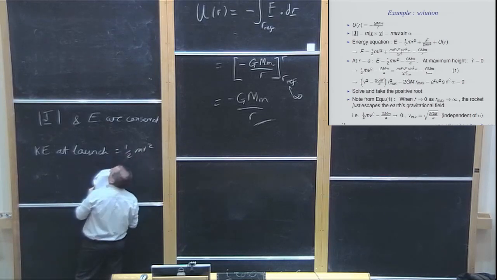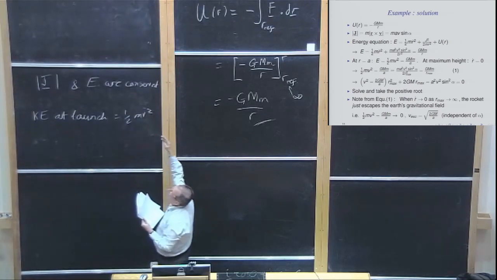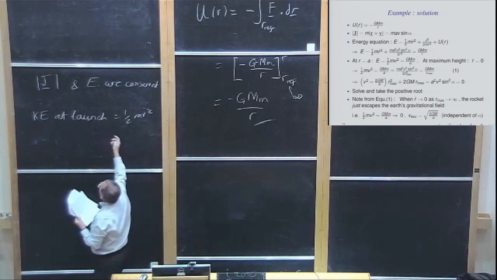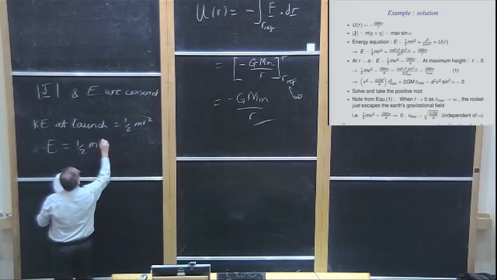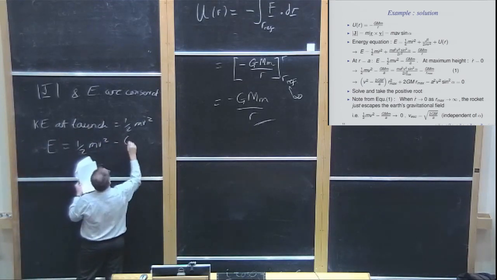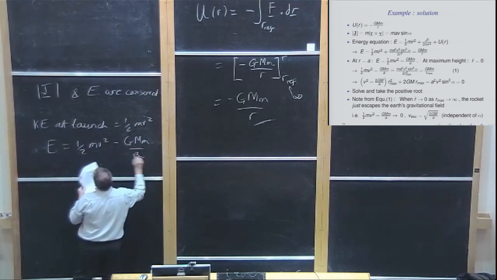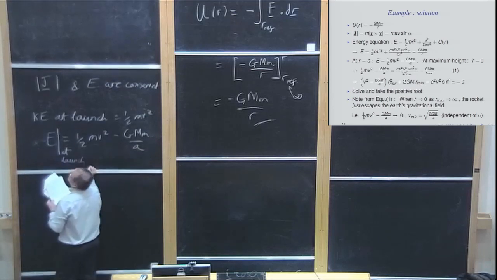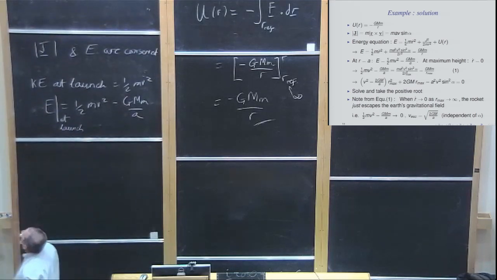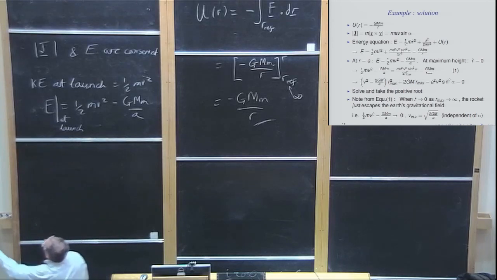You knew that, but this could be split into an r dot and an azimuthal component, but we don't need to do that. So we know that the total energy at launch is a half m v squared minus G big M little m over a. So that's the E at launch. Okay, so that is the simple expression you would have written down if you hadn't even started doing this course. But because energy is conserved, we can equate that to this more general expression which will apply for all the subsequent motion. So this is what we do in this line here.